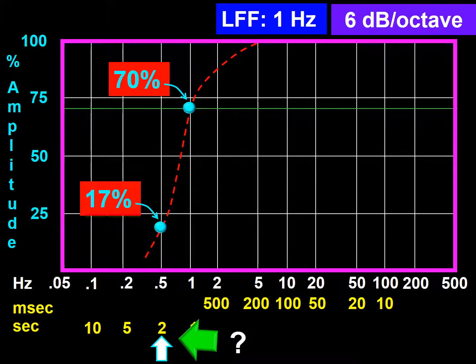The second part of the question is what will happen to a 2 second wave if instead of using a 1 Hz filter with 6 dB per octave roll-off, we were to use one with 12 dB per octave roll-off.